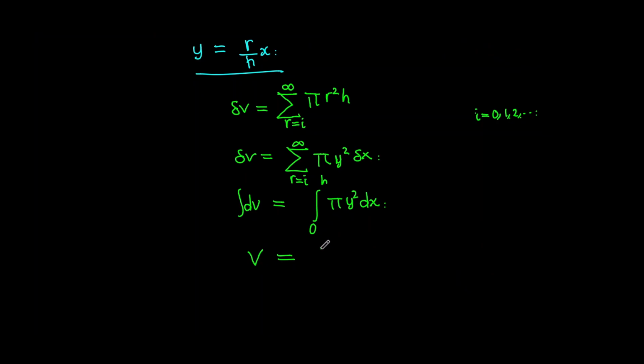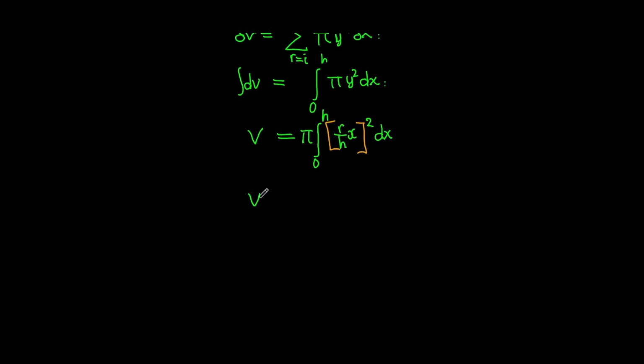Now we'll rewrite our integral sign from 0 up to h of pi, but this time since pi is a constant, we can pull it out, and we have y replaced by r over h times x, and since y is squared, we can square this quantity inside here with respect to x.